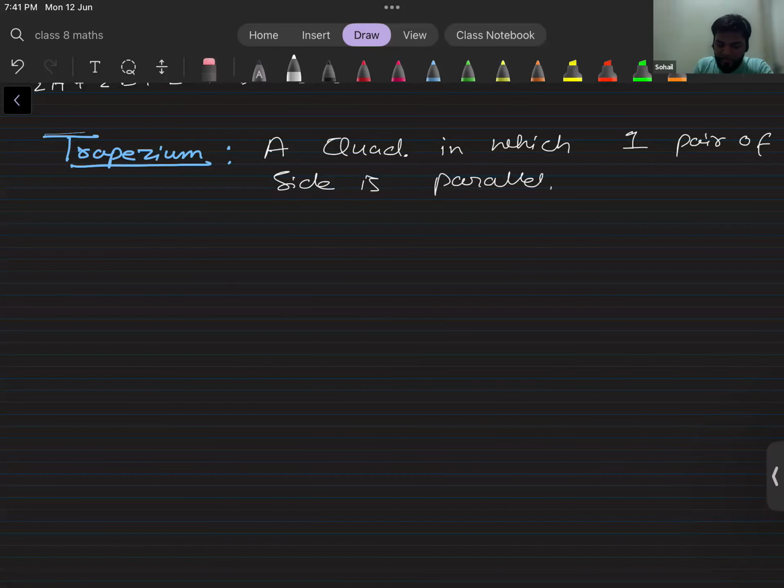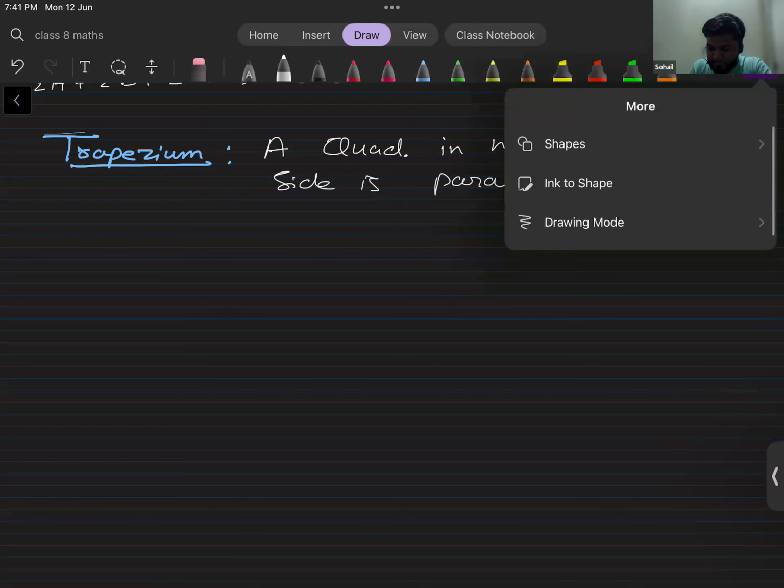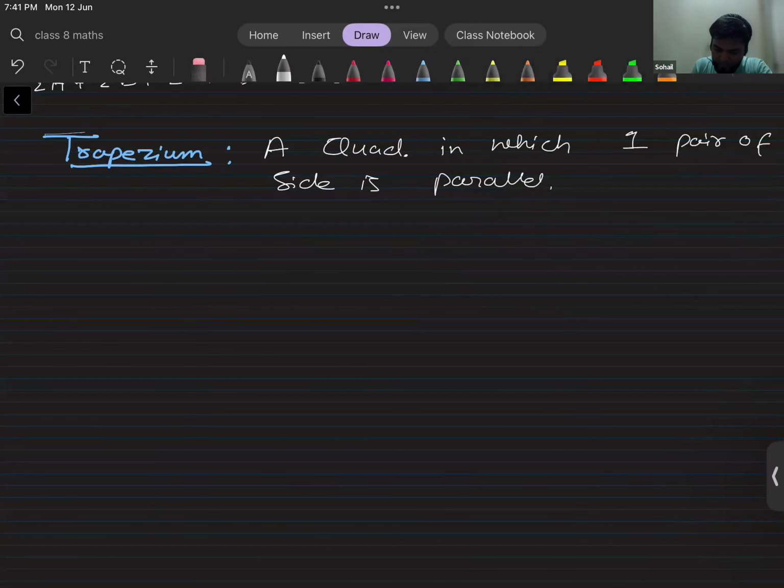Let's say we have a figure like this. In this, we observe that exactly one pair of sides, this one and this one, seem to be parallel to each other. Right. Yes, sir. What do you understand by parallel sides?